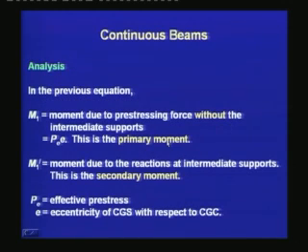In this equation, M1 is the moment due to prestressing force without the intermediate supports, which is given as Pe times e. This is the primary moment due to the prestressing force. Since the CGS is at an eccentricity to the CGC, the prestressing itself will generate some moment in the section.